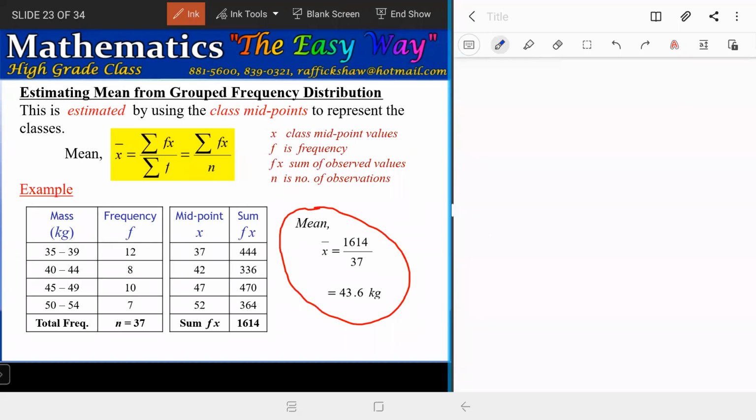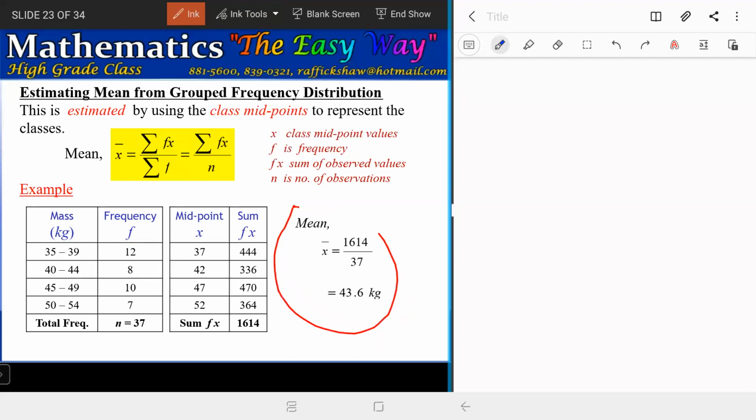We're saying that this is an estimated mean of the mass of the 37 balls, because we assumed that in each class interval, all the balls in that interval measure the midpoint mass of that class interval, which is not necessarily true. In fact, you can say which is not true. It is not true that all the balls in group 1 measure 37 kilograms. It is not true that all 12 balls do. So for example, you can give an example to reference as you were doing.